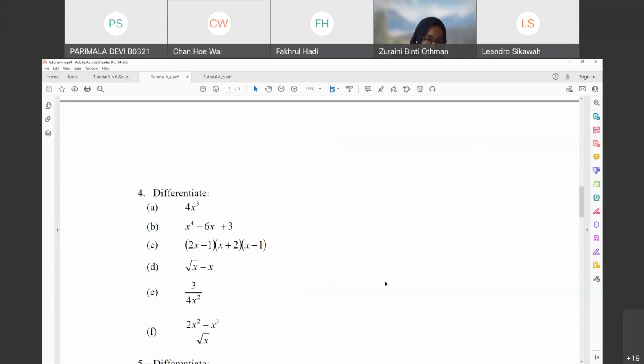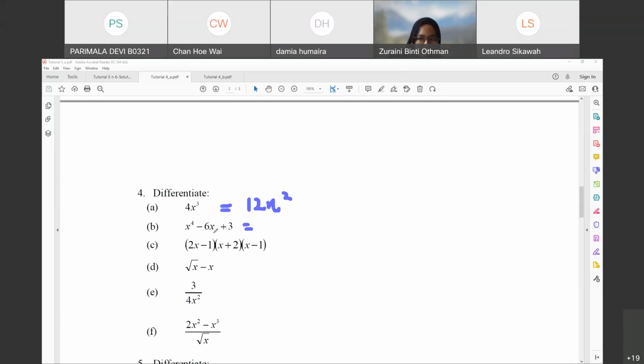quite simple. This kind of question, I think you can do it yourself. What was the answer for A just now? It's okay. Damia, the answer for A is easy, right? What is it, Damia? 12x to the power of 2. Okay. And I want to ask Harold Justin, differentiate this.